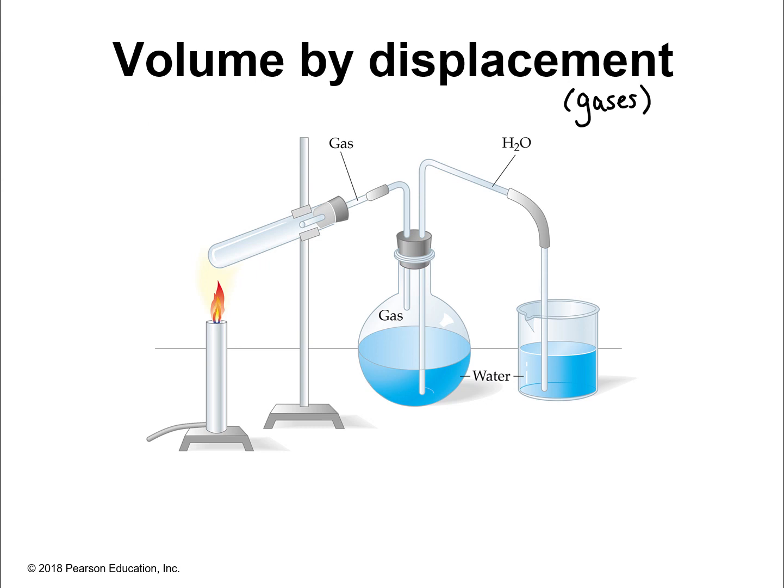And we're not going to talk about gas density here. We're not going to do any sample problems like that. But you do need to know how you need to figure this out. If you have a reaction going on in your tube and it produces gas, that gas is going to go through this tube and press down on the water that's already in this flask.